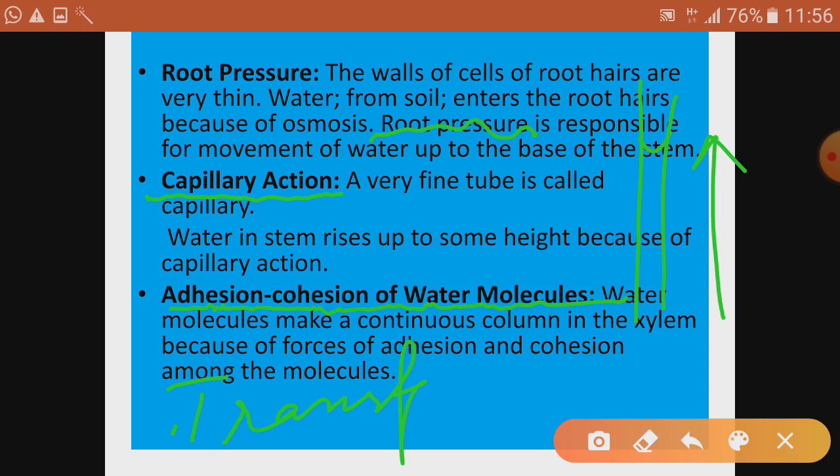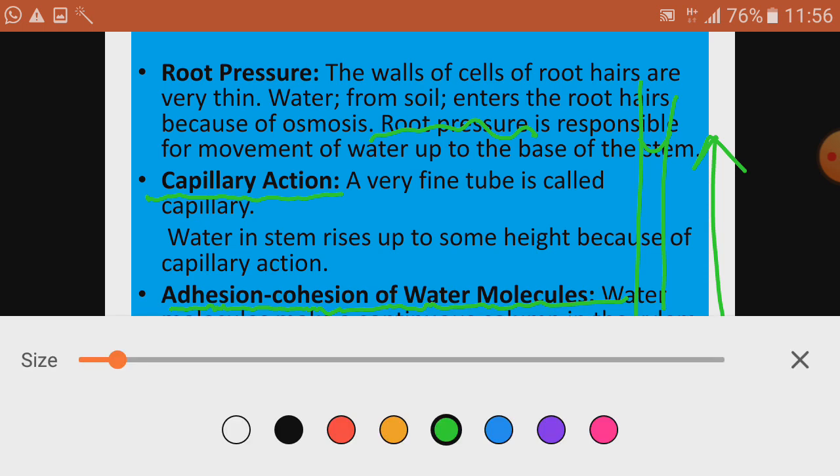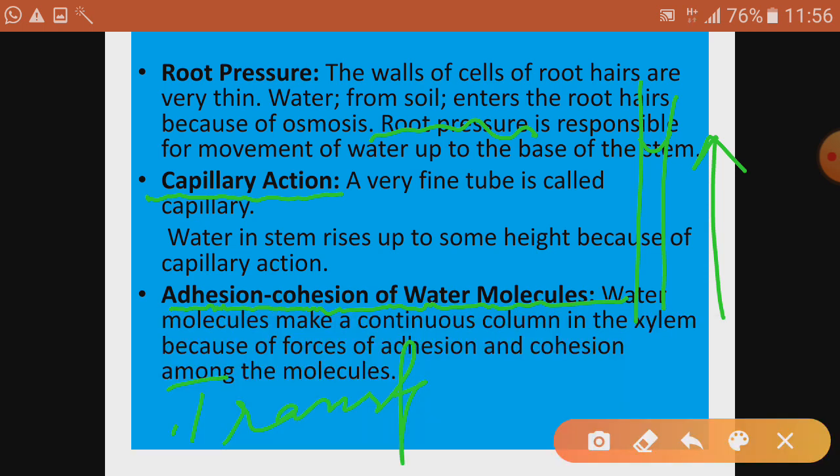Adhesion of water molecule means, you have to understand this with the help of one diagram like this. For example, this is xylem, okay, and water is moving in upward direction. So these are the water molecules.